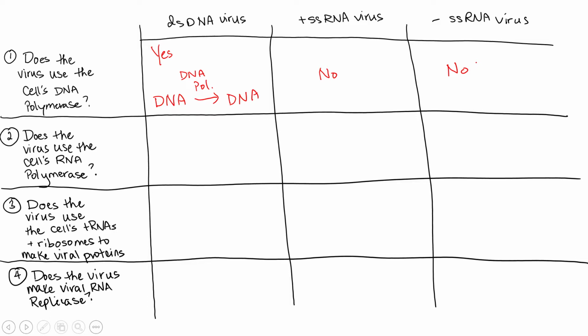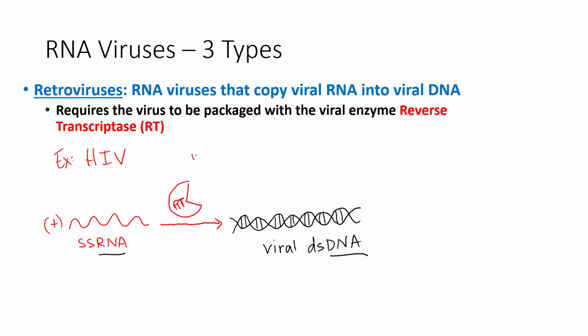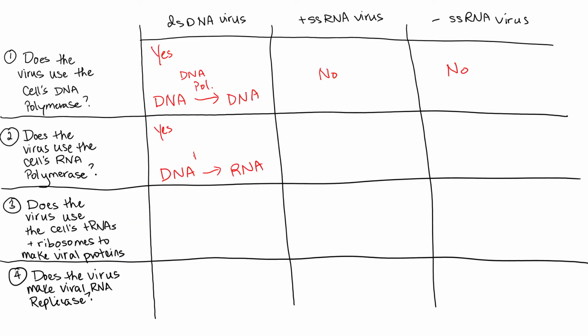Number 2, does the virus use the cell's RNA polymerase? In other words, is it going to take the DNA and copy it into RNA? And that would be a yes for the double-stranded DNA viruses. They are going to use RNA polymerase from the cell to facilitate that.